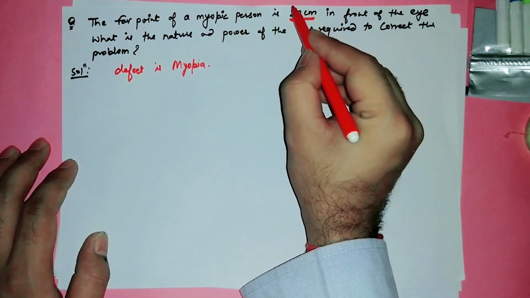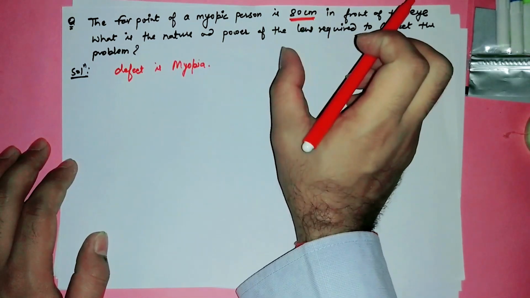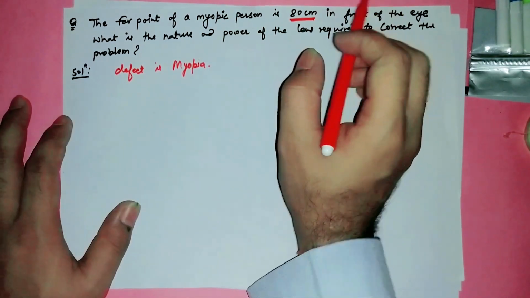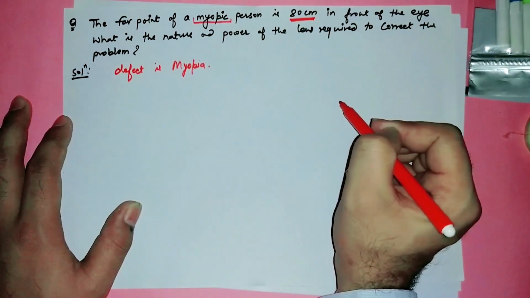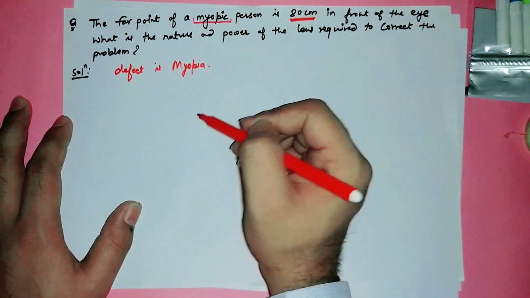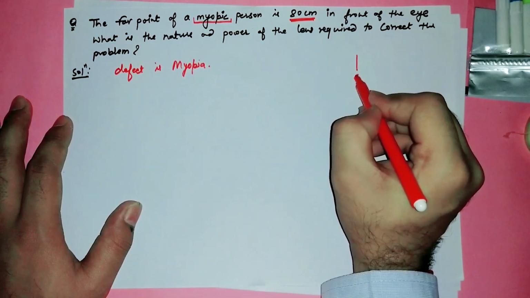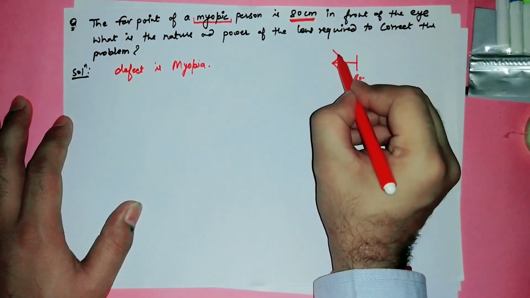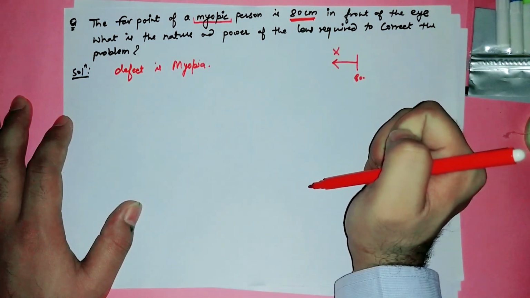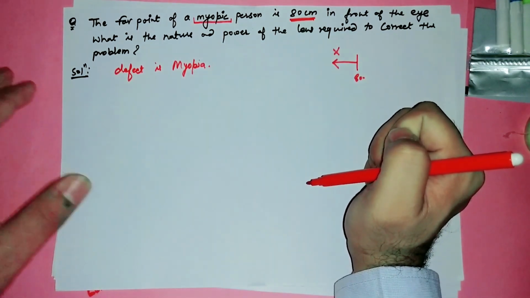First we have to recall what is myopia. Myopia is a defect in which a person can see the nearby object but can't see far away objects. It means up to 80 centimeter he or she can see, but beyond 80 centimeter he or she can't see any object, means it will be blurred to them.